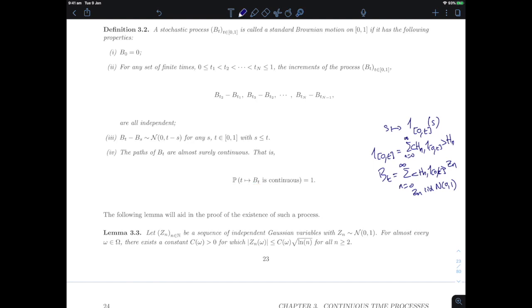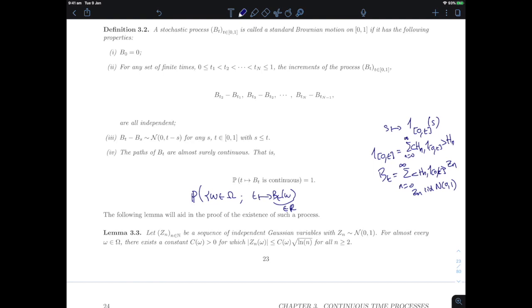So what I'm writing here is the probability of the set of all those omega for which the function t goes to B_t of omega, which now is a genuine function because that's a real number, is continuous. That's what we call a path of the Brownian. You pick a value of the probability variable, and that gives you a certain curve if you imagine the graph of that object, and you're asking for that curve to be continuous.